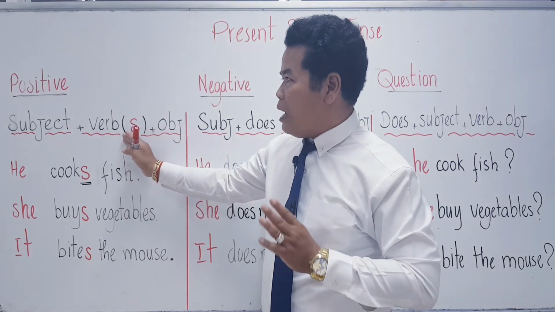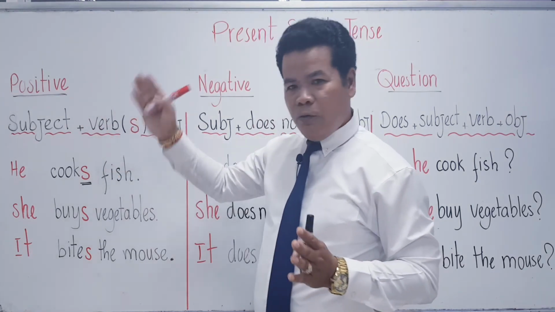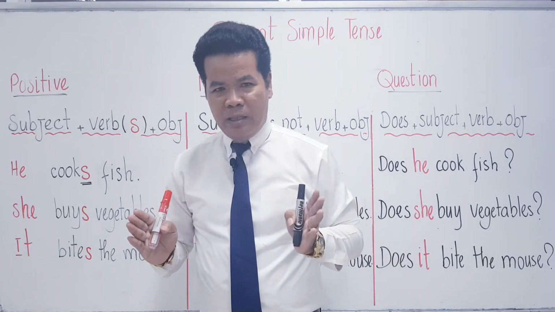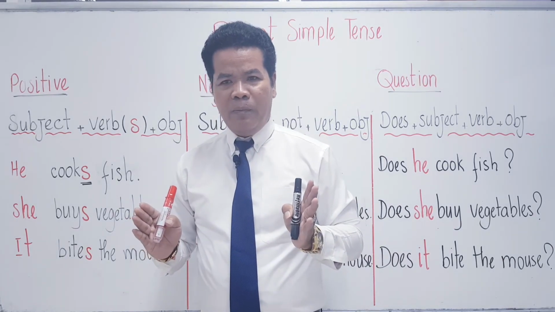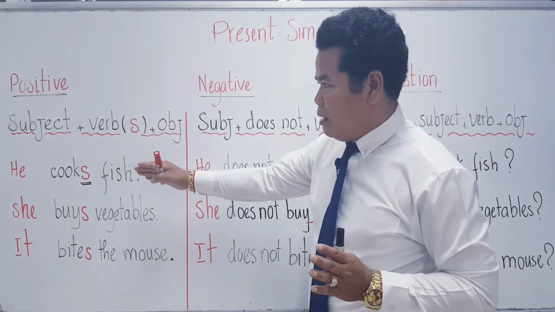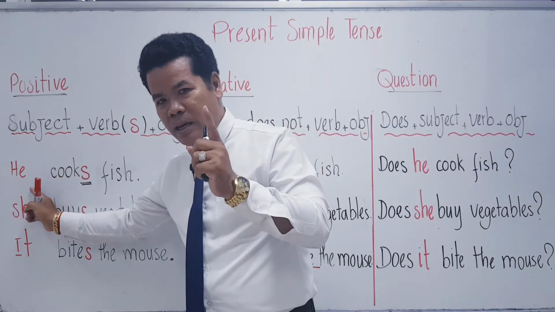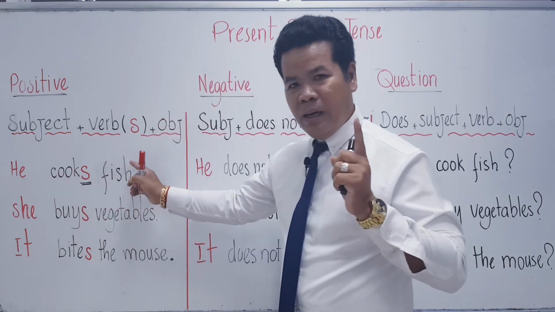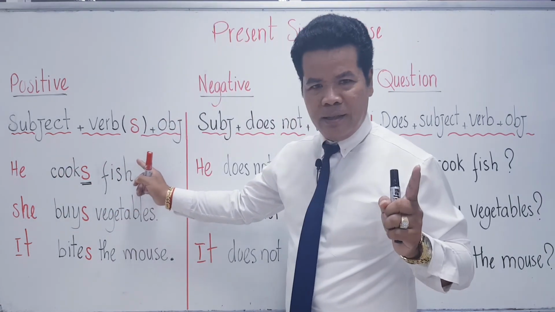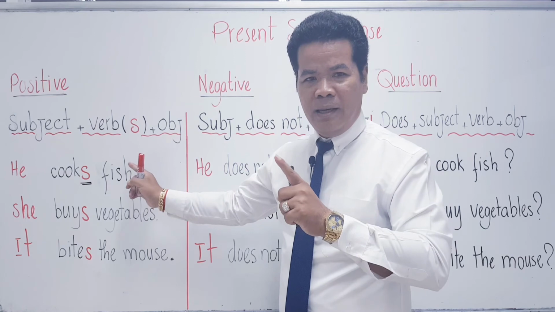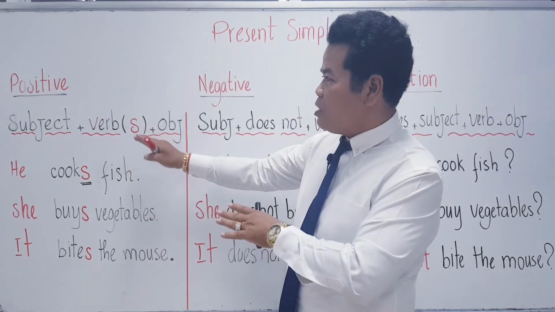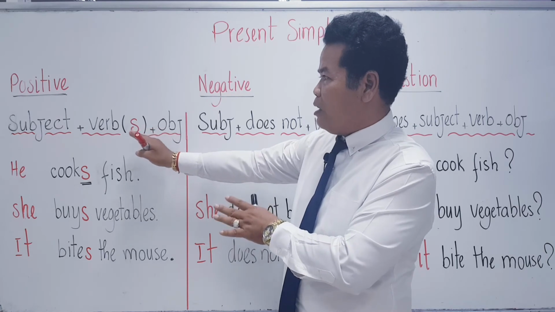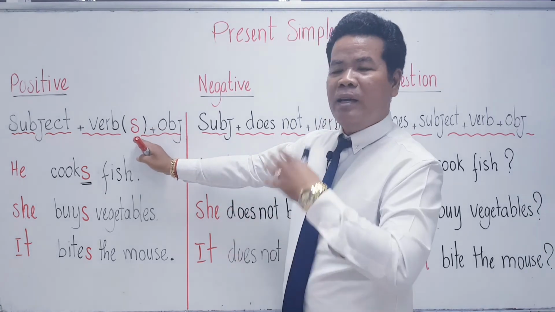When we use other subjects like I, we, you and they, you do not think about S anymore. Inside the sentence, if you see the subject he, she or it, you must think about the verb: is it S or no S? We have to put S. But the spelling of using S doesn't mean that we only add S to the end of the verb. We have other exceptions.